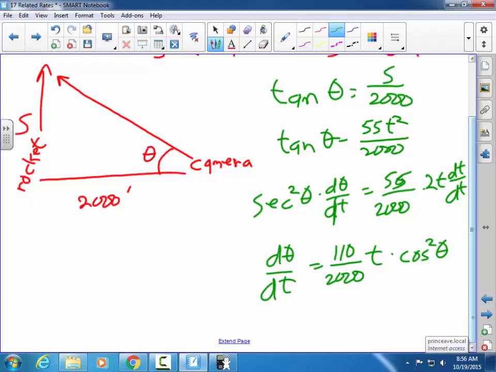Do y'all buy that? Because secant squared is the same as 1 over cosine squared. So dividing by 1 over cosine squared is the same as multiplying by cosine squared. Well, we know a t, don't we? But we don't have a theta there.